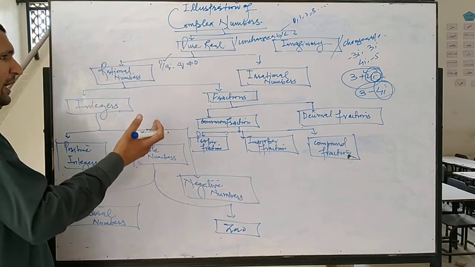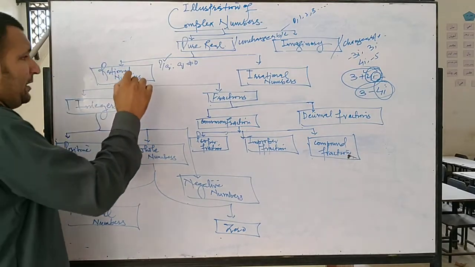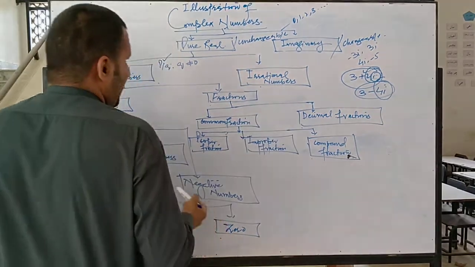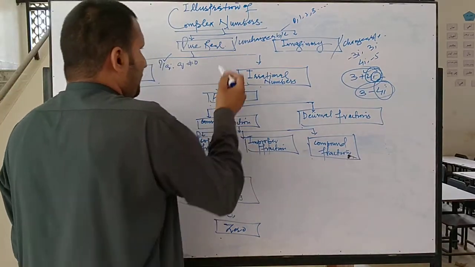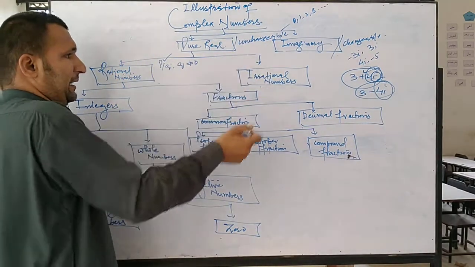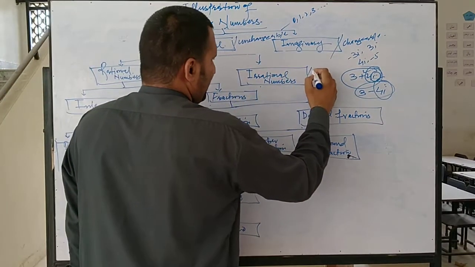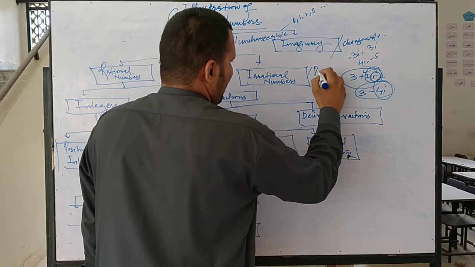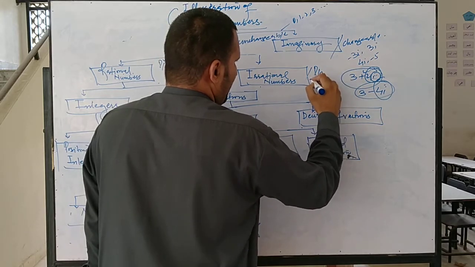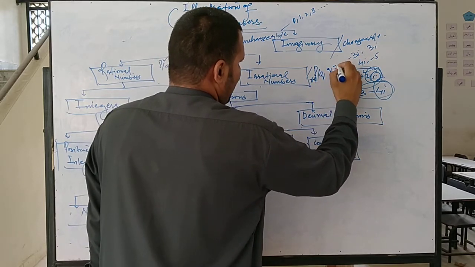Rational shows the p upon q form, but irrational means it does not belong to p upon q form.